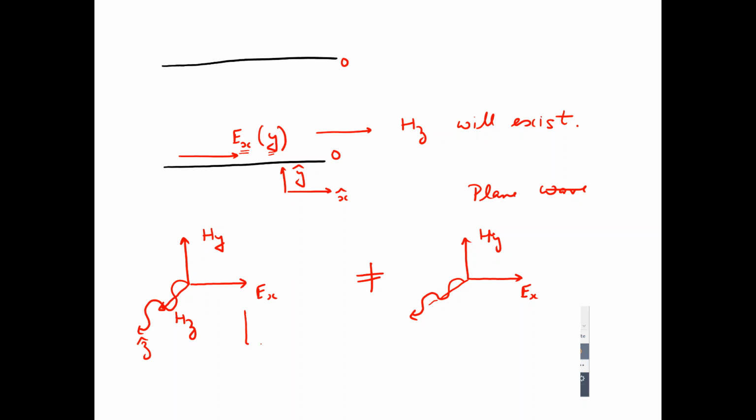Such a wave is called a transverse electric wave. Basically, what it means is the electric field E is transverse. Transverse is a fancy word for perpendicular.